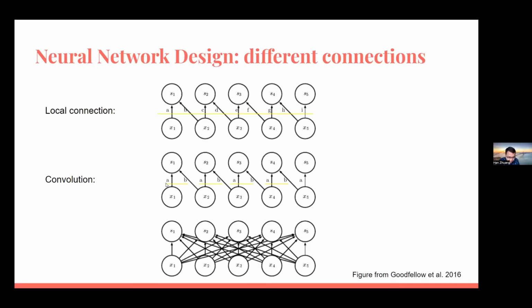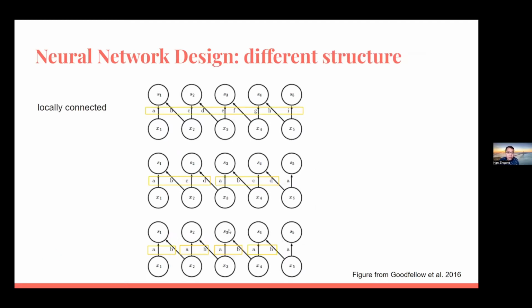So each neuron in the same layer has the same parameters. And we also have the full connection, where each input is connected to different layers. Those are the different structures.